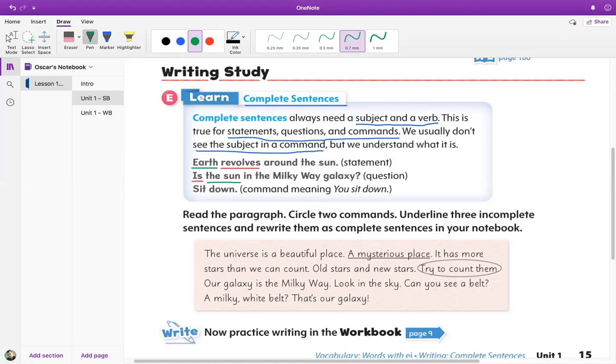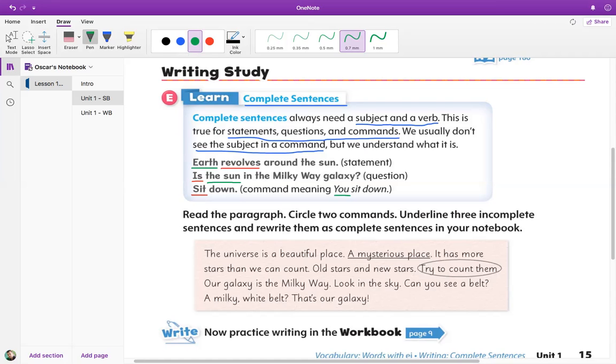Now we have the command, sit down. As you can see, we only have the verb, sit. So we are missing the subject, but we know that the subject is you. As you can see here, the meaning of the command is you, sit down.